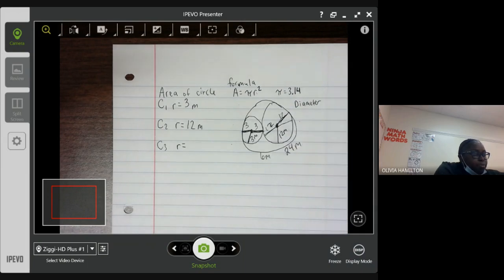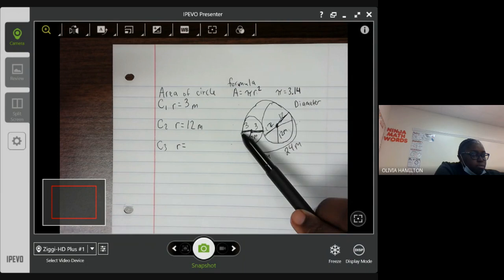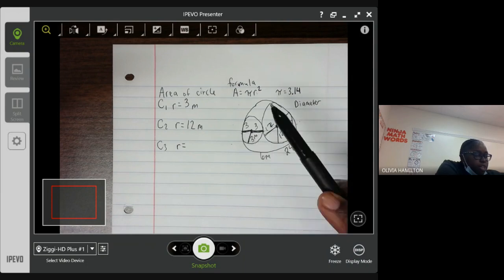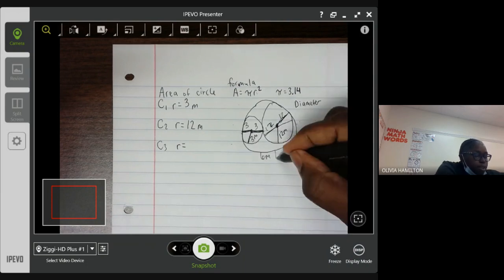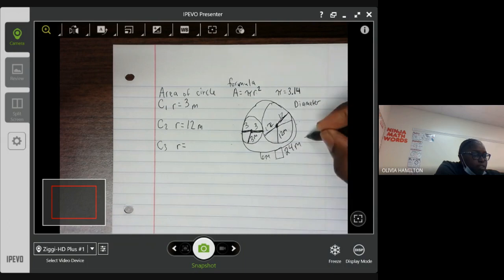Now if I put these together, that'll give me the distance from one end of my big circle, my large circle, to the other end of my large circle. So what do you think I'm going to need to put them together? And that's going to give me my diameter.